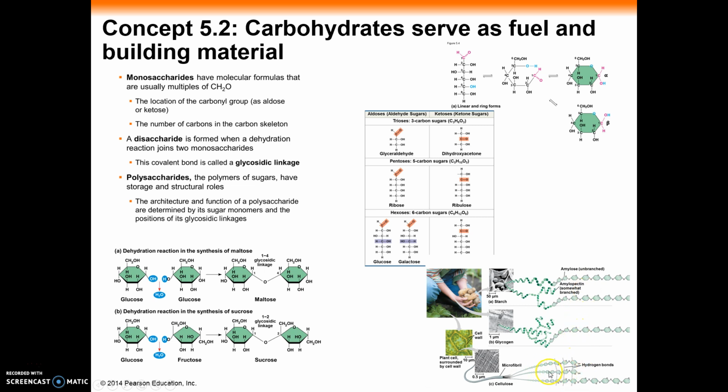Here we have cell walls, which are built differently. They are utilizing beta glucose in a 1-to-4 linkage, and this leads to the flip-flop nature and facilitates the formation of these hydrogen bonds, which gives you the ability to form these larger microfibrils, which can then go on to build the woody structures of plants or just simply the cell walls.